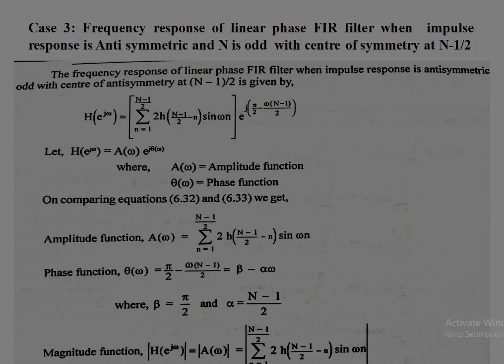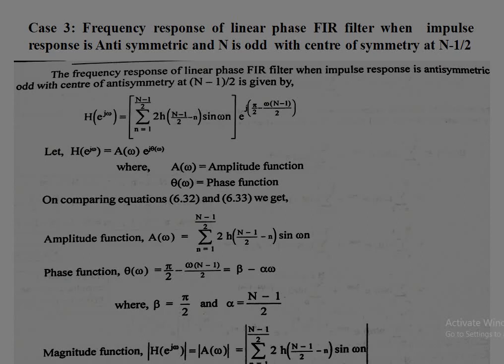You are encouraged to solve once again the frequency response of this kind of impulse response also, where now the impulse response can be split from n is equal to 0 to (N minus 3) by 2, and similarly at the center of symmetry, and from (N plus 1) by 2 to N minus 1, as what we have done in case 1.